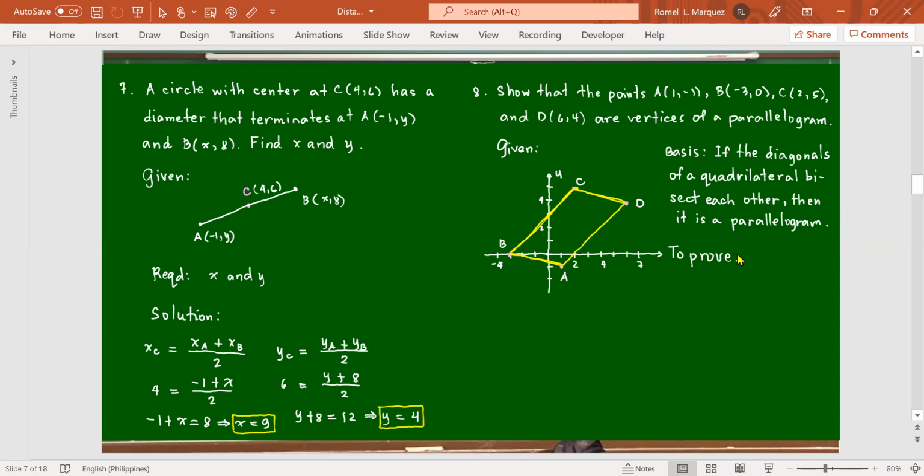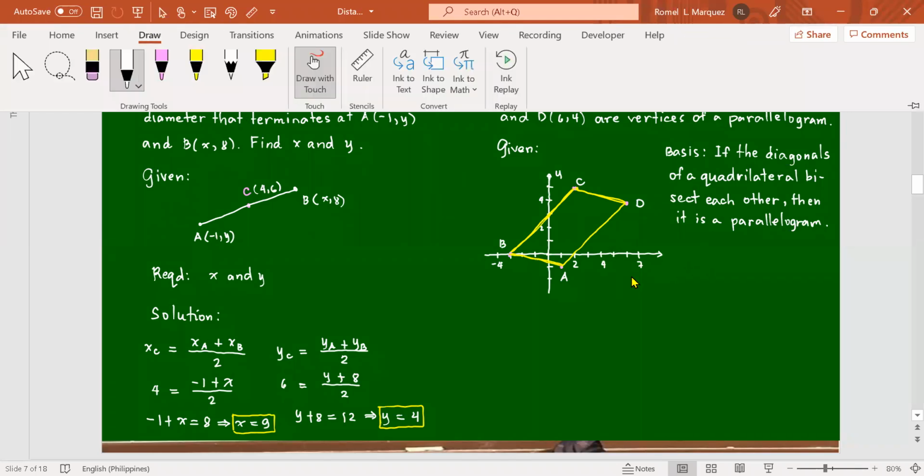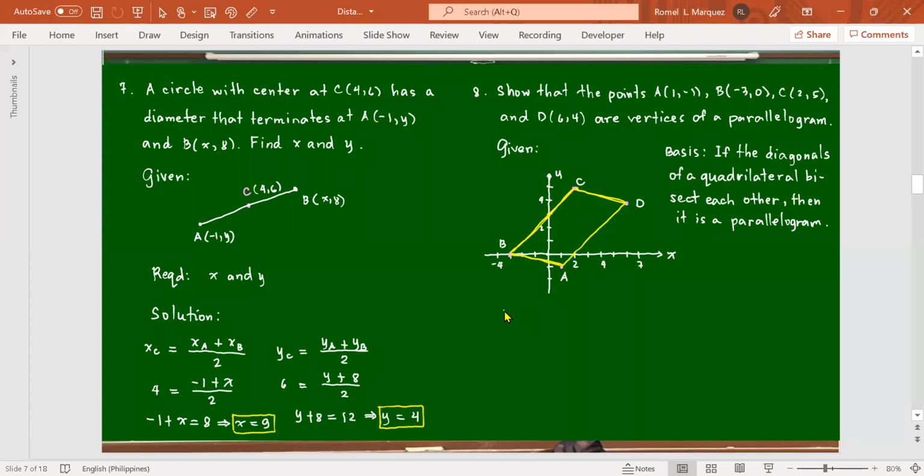So what to prove? Guys, you have to show that the midpoint of AC equals the midpoint of BD. This is to prove, no?